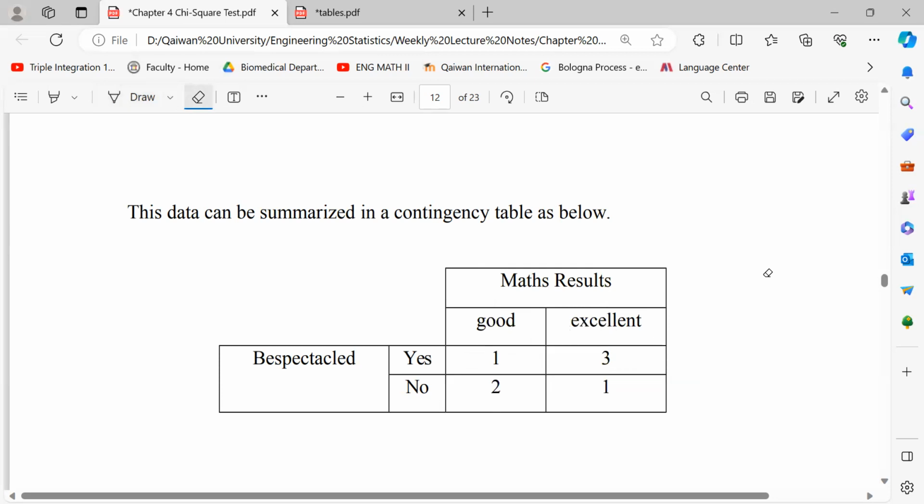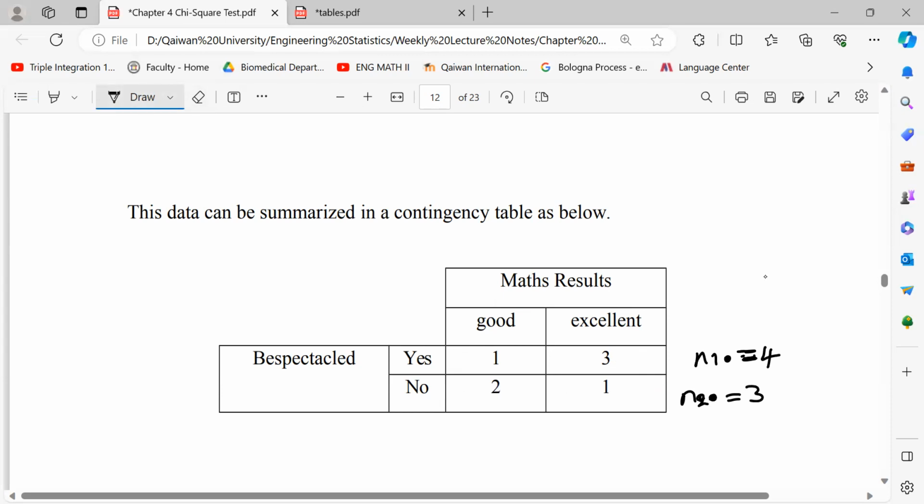What's n1 dot? n1 dot is equal to the sum of these elements in the first row. 1 plus 3 is 4. Then n2 dot is equal to 2 plus 1, which is 3.